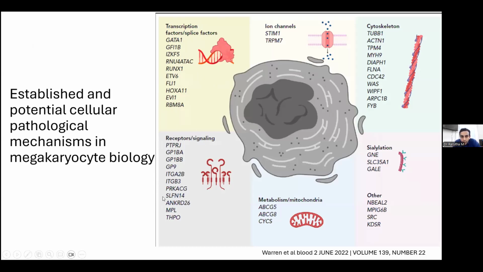We are all aware of the MPL mutation of congenital amegakaryocytic thrombocytopenia, where the receptors play a role. And we saw how Dr. Ranjitha presented the MYH9 and some of the newer entities like FYB, which have a role at the cytoskeleton.